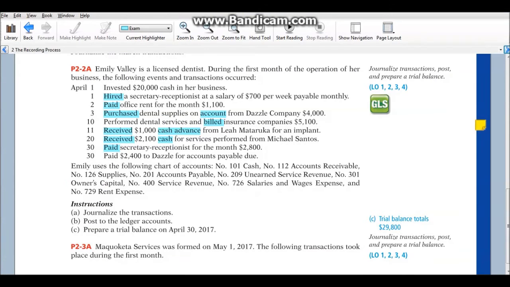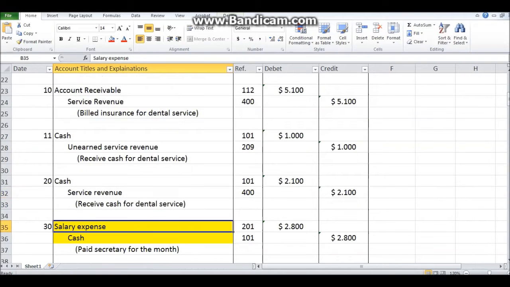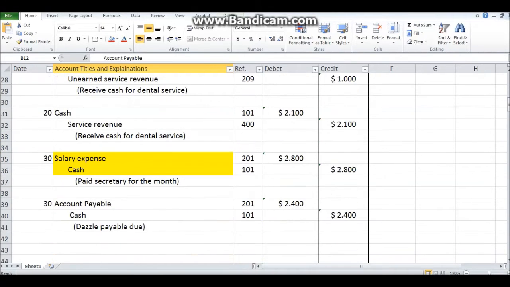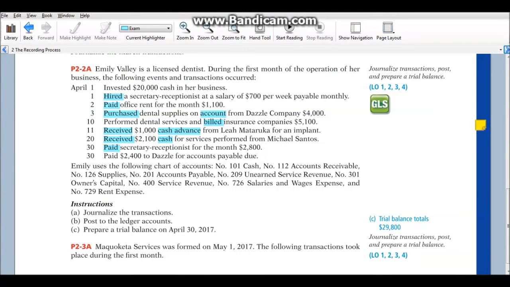I will explain why we should do this if there is an account payable in expenses after this, but surely for this transaction you only need to use the 30th of April instead of the 1st of April.